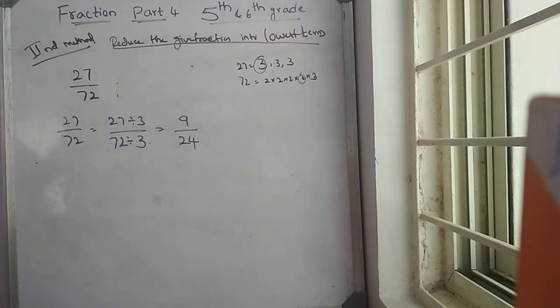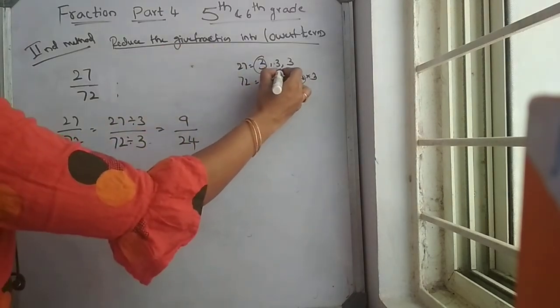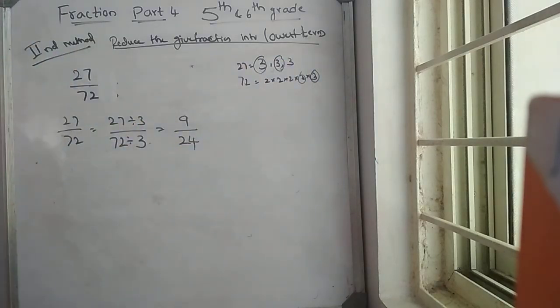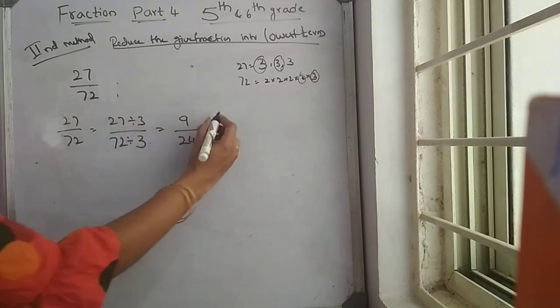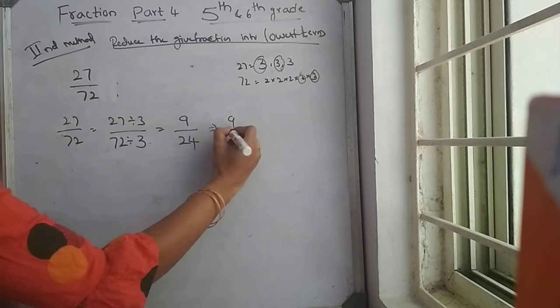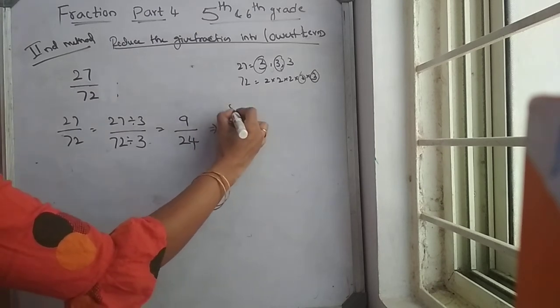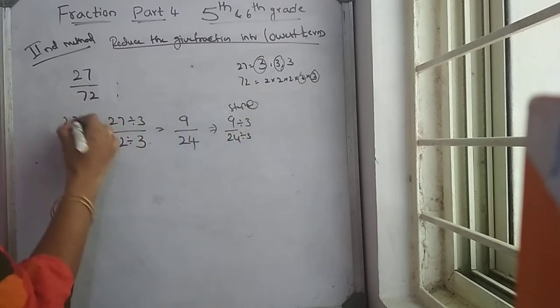Then again, what do you do? The second step: is there another common factor? Another common factor is again 3. So again you divide the numerator and denominator by the common factor: 9 by 24 divided by 3 and divided by 3. This is step 2, and that was step 1.